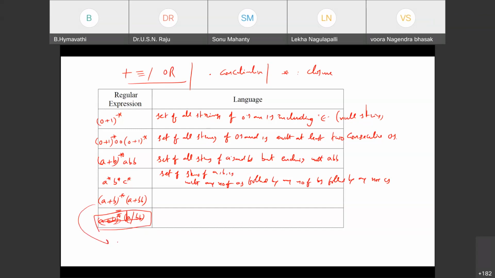This is equivalent to a plus b whole star followed by a or bb. So set of all strings ending with a or ending with bb.